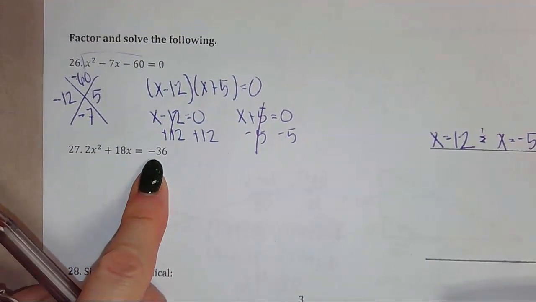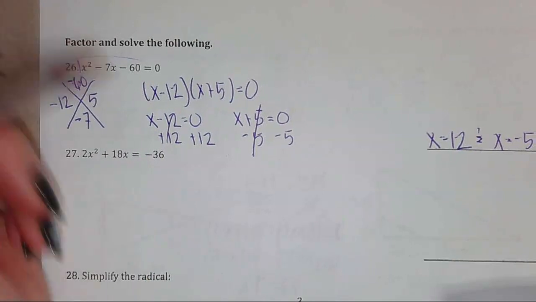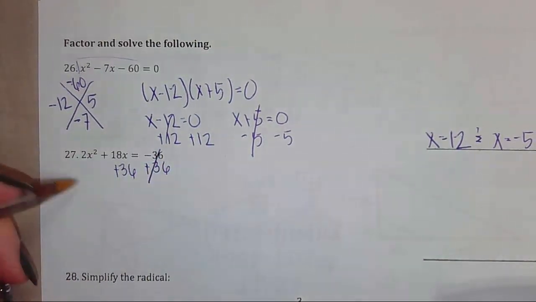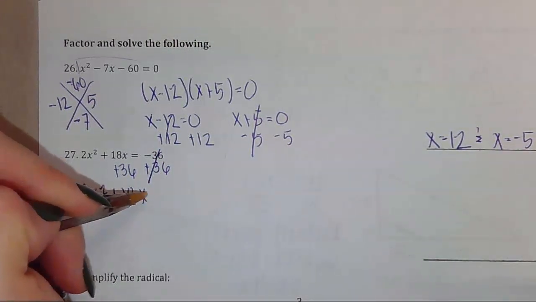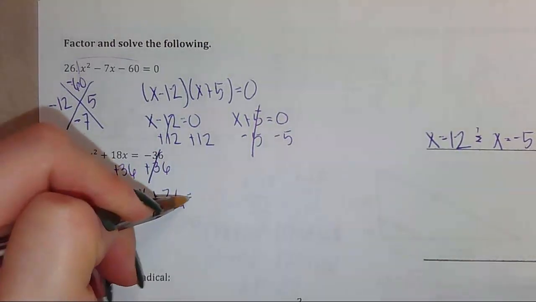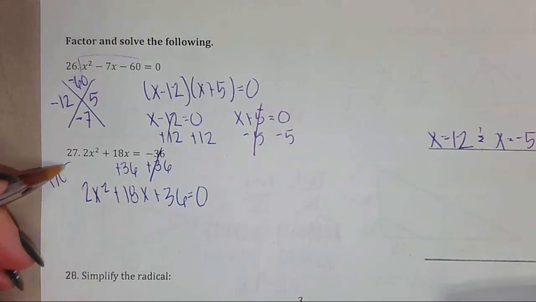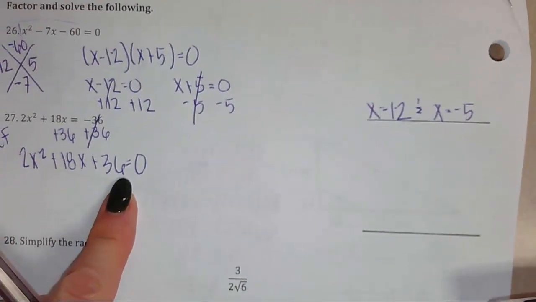Okay, now I've got a doozy on my hands. I need this equal to 0, so I'm going to add 36 and add 36. I will end up with 2x squared plus 18x plus 36 equals 0. I then need to look for a GCF, and ta-da! I have one, which is so nice.